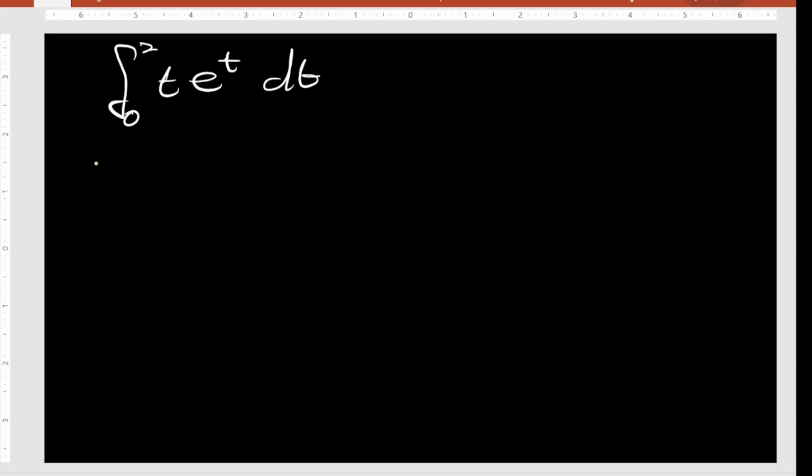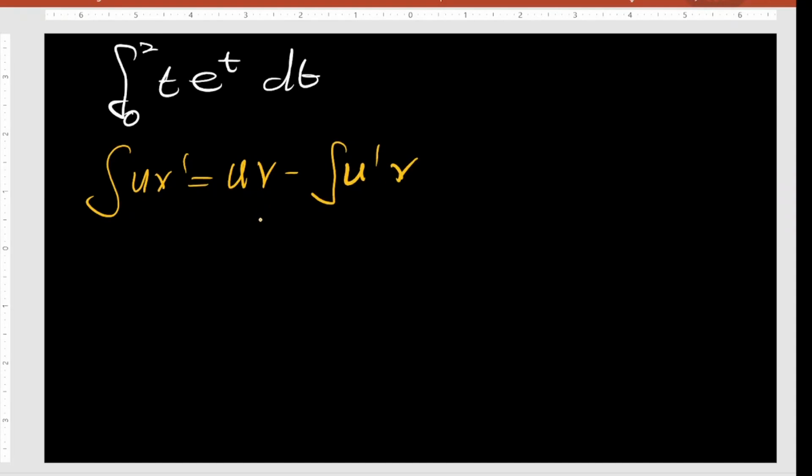By integrating by parts, the integral of u v derivative is equal to u v minus the integral of u derivative v. So let our u be the first part, which is t, and then our v derivative will be e exponent t.